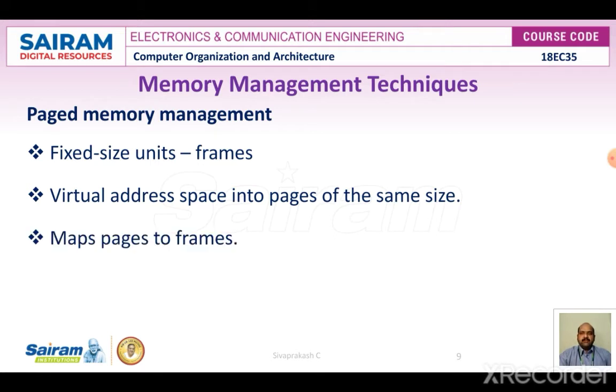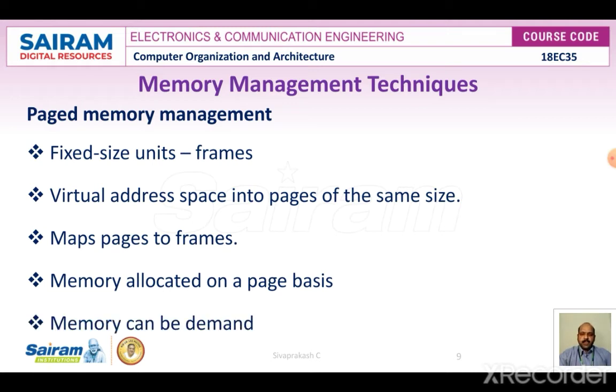Here the hardware memory management unit maps the pages to frames, and the physical memory can be allocated on a page basis while the address space appears contiguous. This is the actual technique involved in paged memory management. Sometimes the paged memory can be demand paged, when the system can move pages as required between the primary memory and the secondary memory.